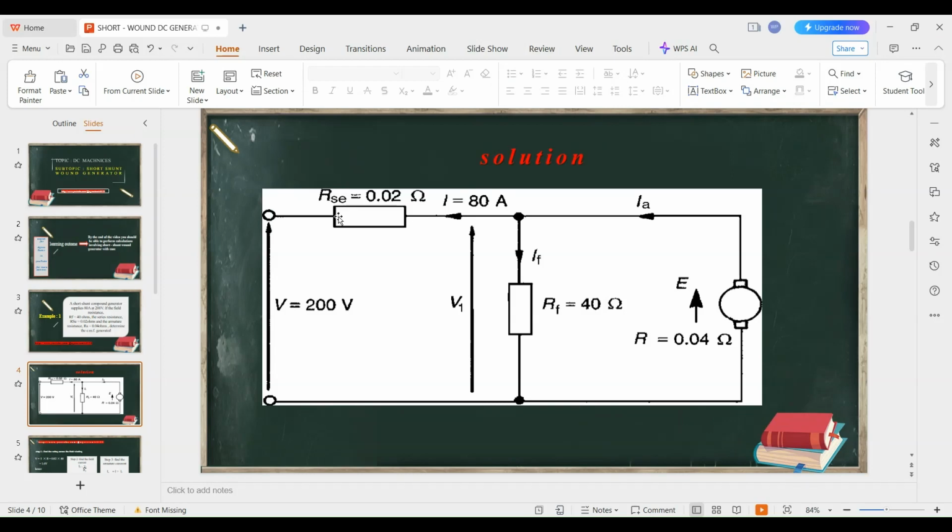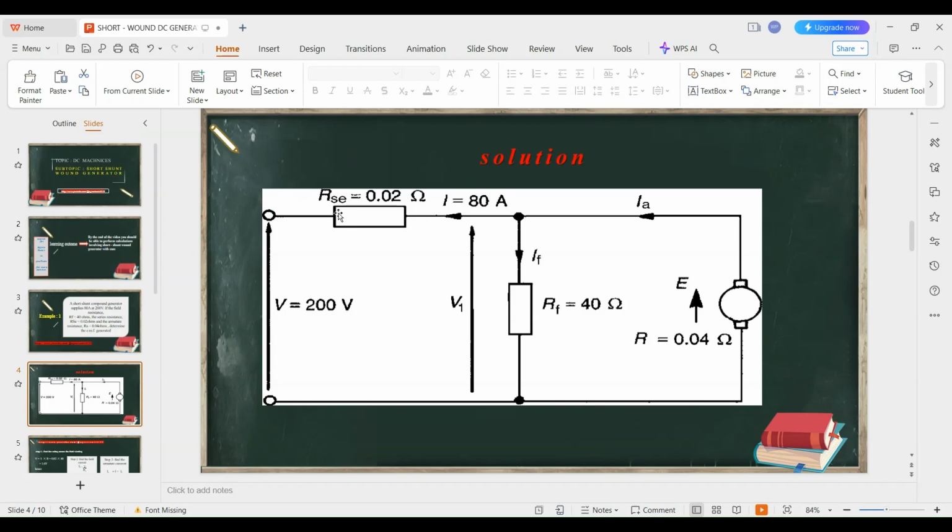A current entering a junction is equal to the sum of the currents leaving the junction. In our case, IA is the current going into the junction, and I and IF are going away from the junction. Therefore, IA will be equal to I plus IF. We already have I and we have calculated IF.